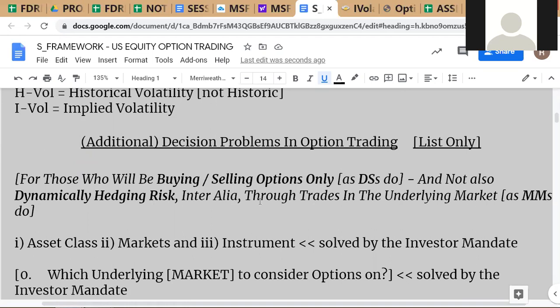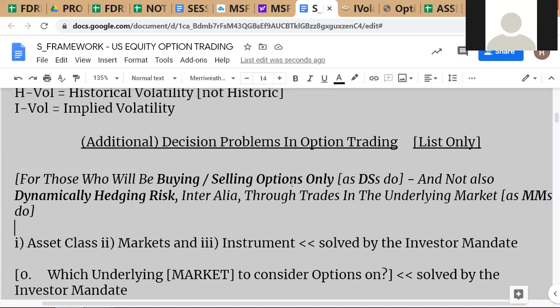Okay. All right. So what we are doing now in this module is we are going to look at some additional decision problems that arise in option trading. And because we are using this expression option trading, we have to clarify that there are two approaches to option trading. There is the approach that is followed by directional speculators in options who will only be buying and selling options.